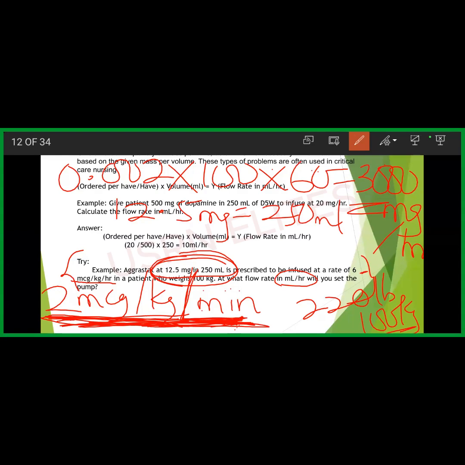If 12.5 milligrams, according to the question, is giving us 250 mils, then the 3,000 milligrams in the prescription will give us how many mils? So you do your cross multiplication, and you are supposed to get 240 mils.